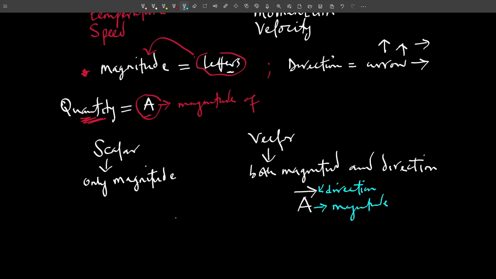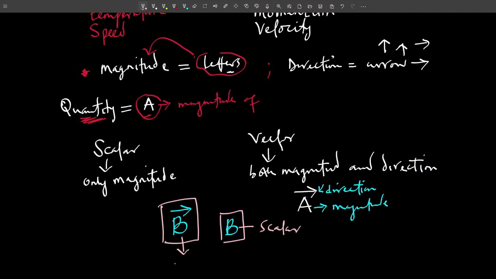You write your B, where B represents the magnitude of the vector, and the arrow represents the direction of the vector. But if I wrote just B, without an arrow sign, it means that this quantity has only magnitude and does not have a direction. So hence, B here, let me box that out, is a scalar quantity, while this is a vector quantity.